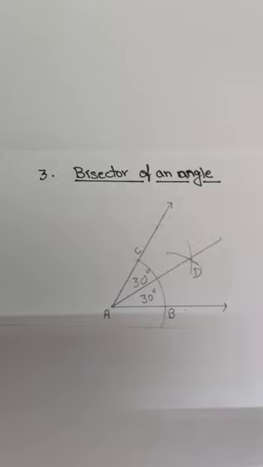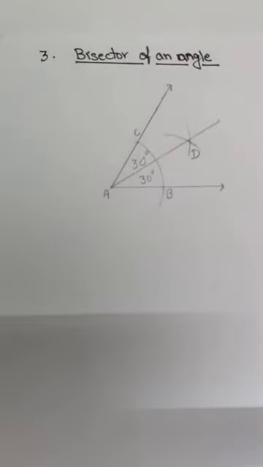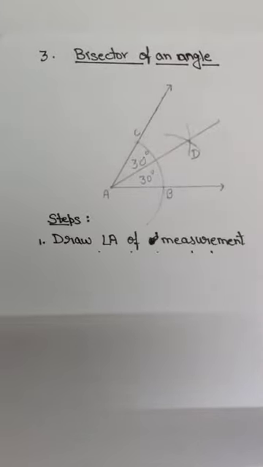Now see its steps of construction. Draw angle A of any measurement whose bisector you have to draw.